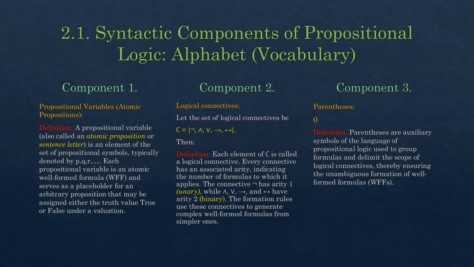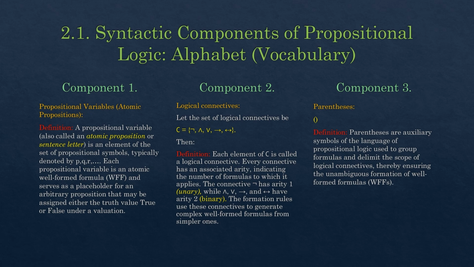For example, we can speak about the alphabet, the vocabulary. This aspect is also divided into several subdivisions. We can identify them as component 1, component 2, component 3.